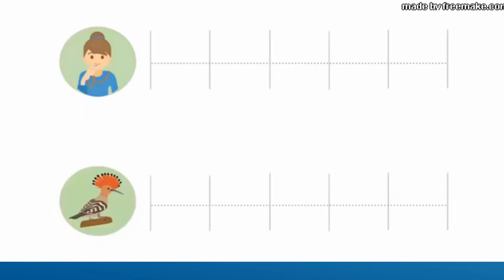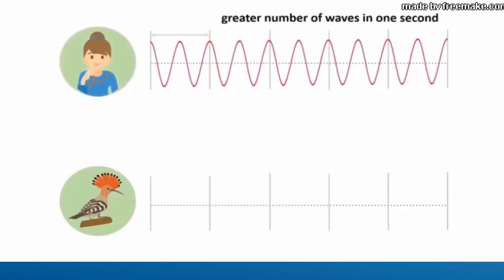Let us consider 2 more examples: blowing of a whistle and call of a hoopoe bird. Which of these 2 actions will produce a higher pitch? In the case of blowing of a whistle, a greater number of waves pass in 1 second.